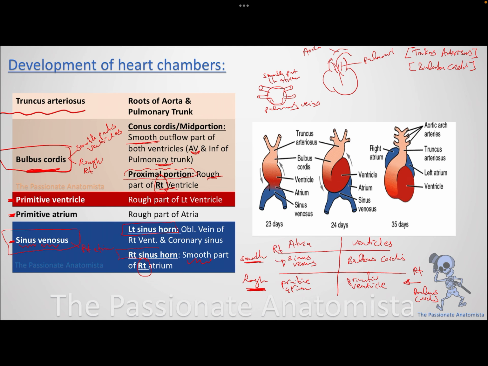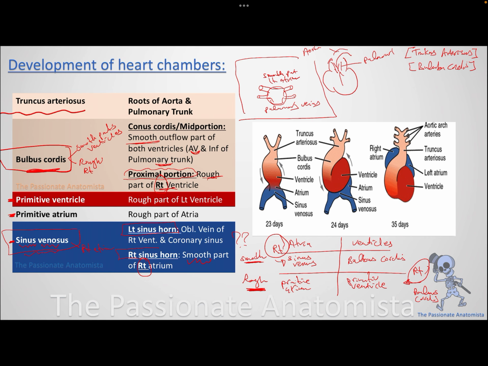So again, whenever there is another chamber participating in any part of the chambers, remember the exception is the right side. What about the left? It's coming from absorption of pulmonary veins.